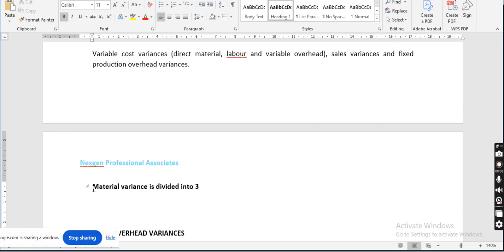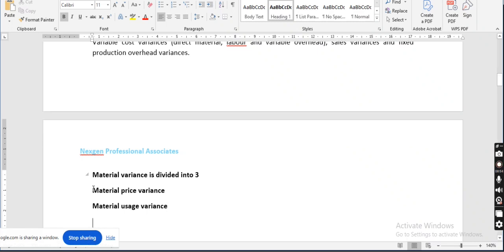Number one is material price variance. Material usage means the quantity that you use. Material price means the price that you set.